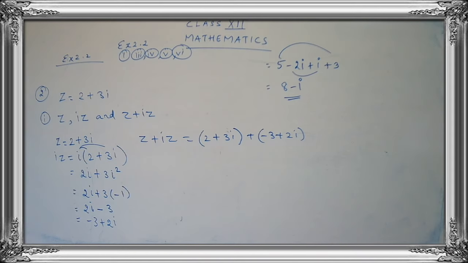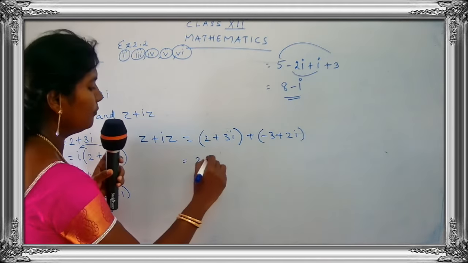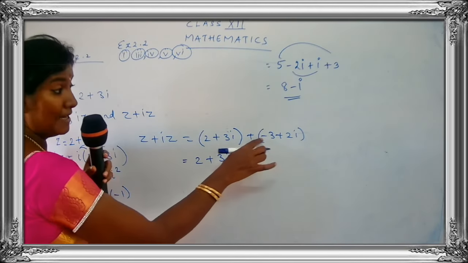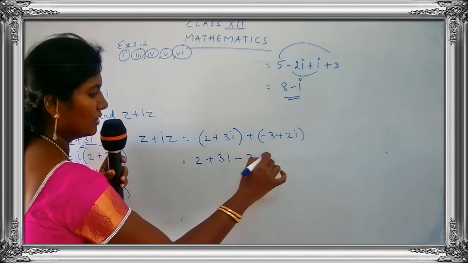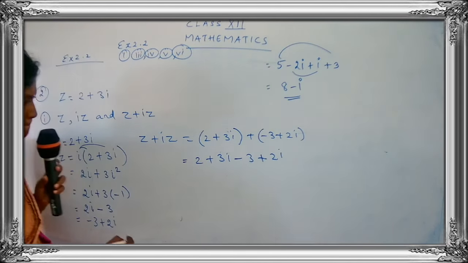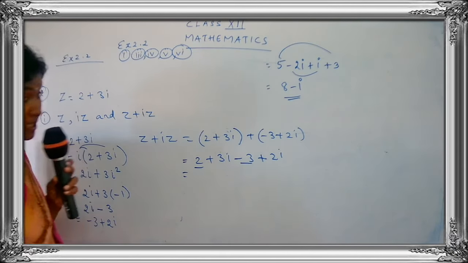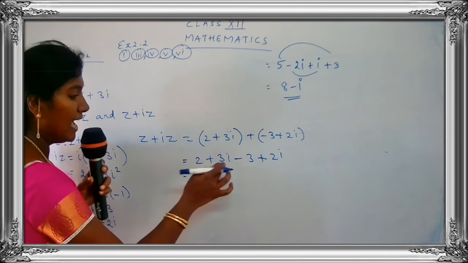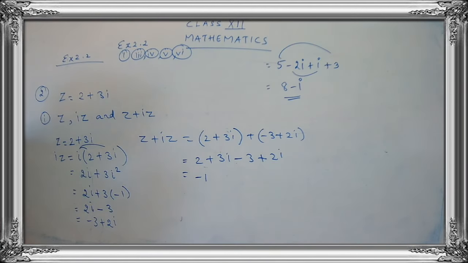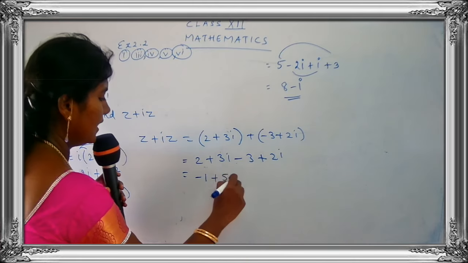Let's open the bracket. Plus minus gives you minus, so no need to worry about the sign. You get 2 minus 3, which is minus 1. Then 3i plus 2i. What is 3i plus 2i? Yes, it's 5i. You get minus 1 plus 5i.